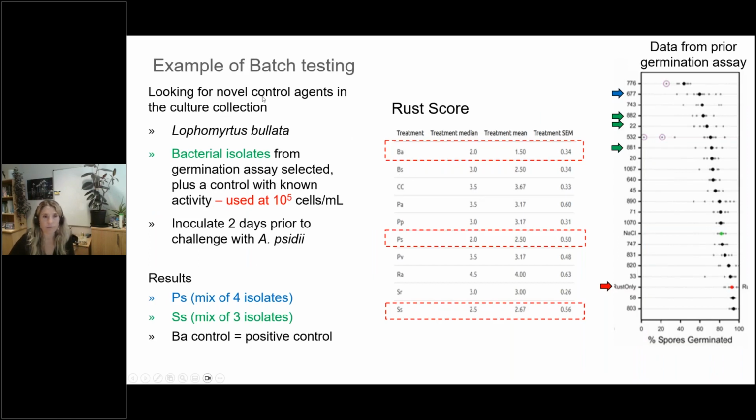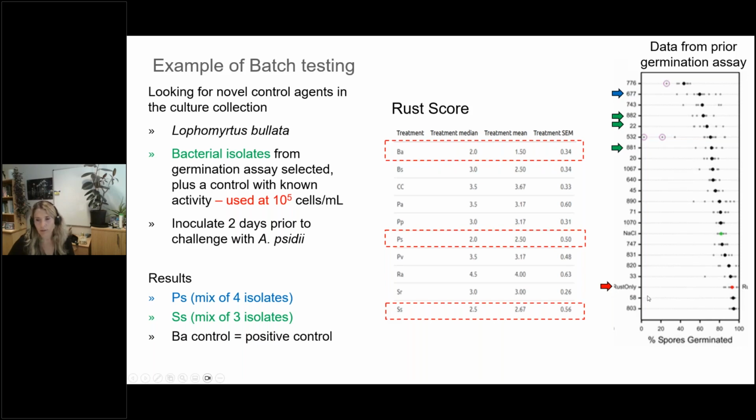So we're looking for novel control agents in the culture collection. We're working on Lophomyrtus bullata as a highly susceptible host. We are using bacterial isolates from a germination assay. And on the far right, you can see an example of data from a prior germination assay. On the left-hand side, you can see a bunch of numbers. These are unique numbers given to each of the bacterial strains.